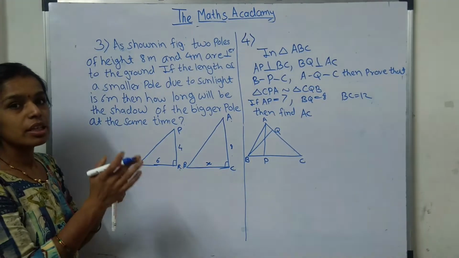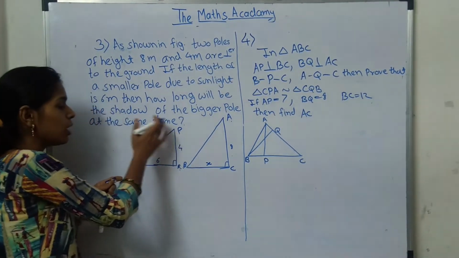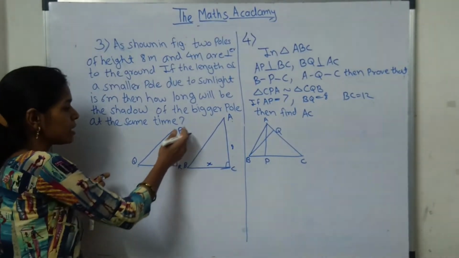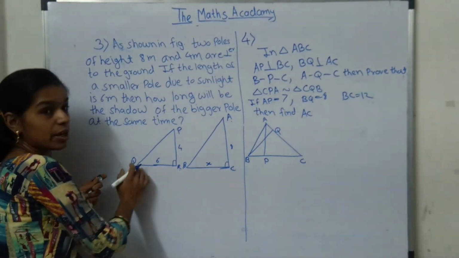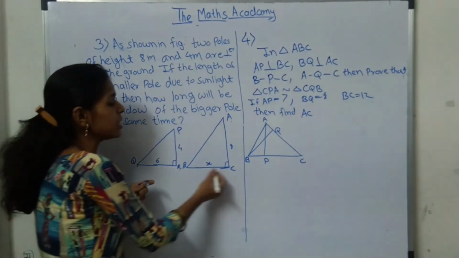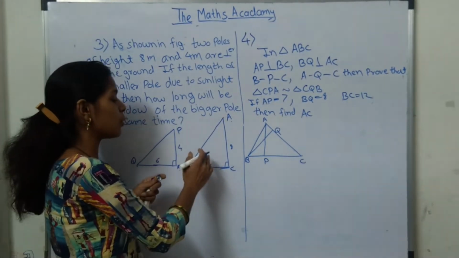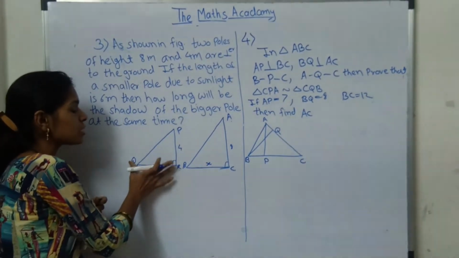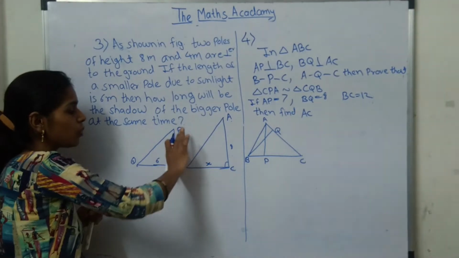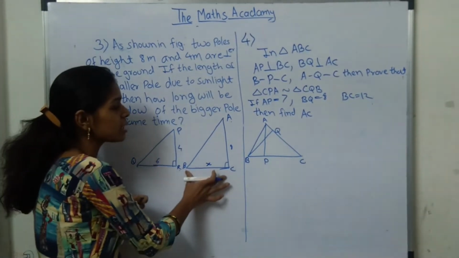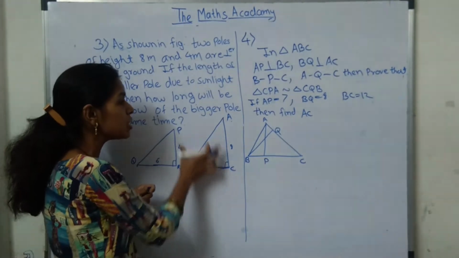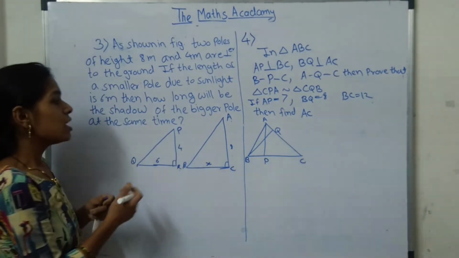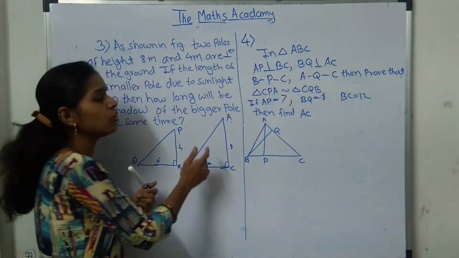QR is the shadow of the smaller pole, which is 6 unit, and BC is the shadow of the bigger pole, which you have to find. We will consider it as x units. So how will you find out the value of x?